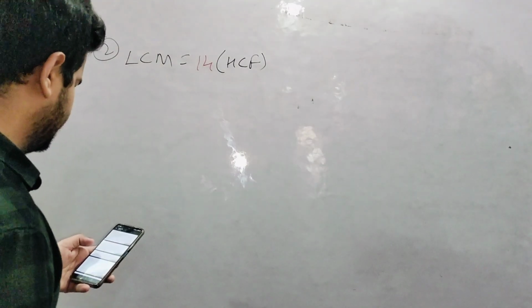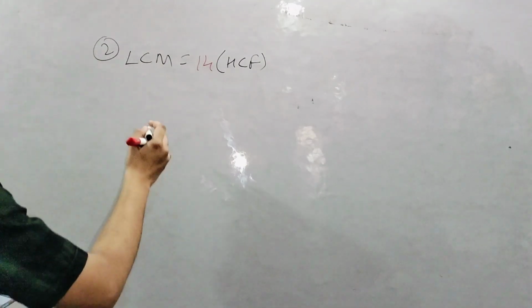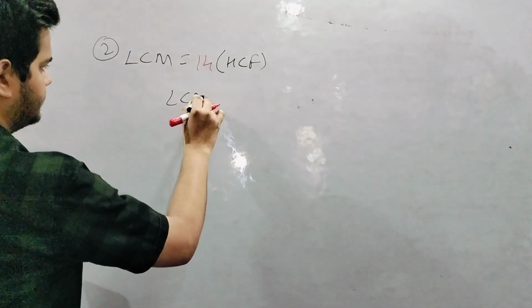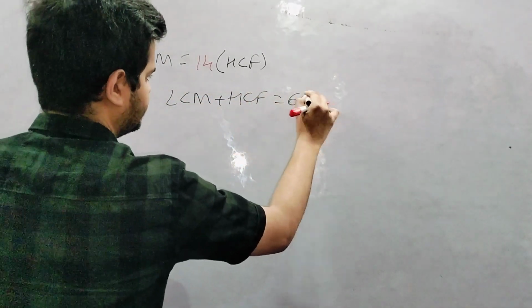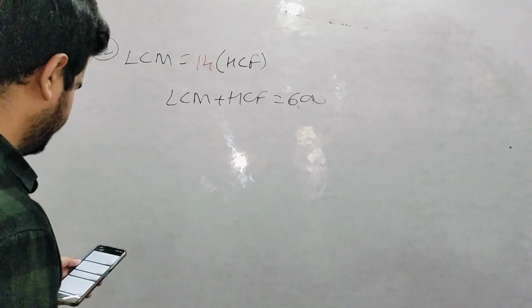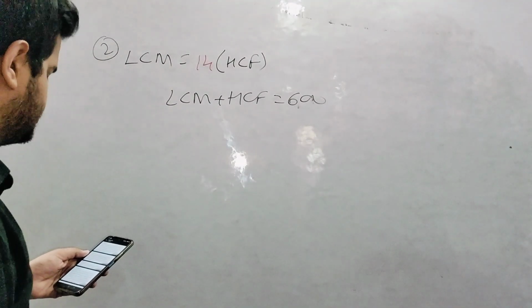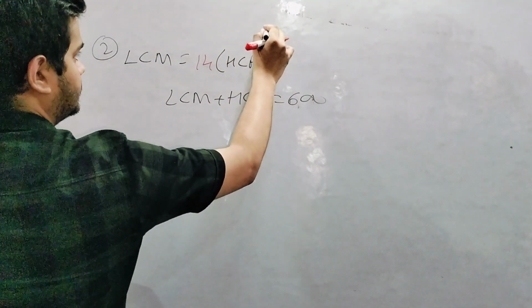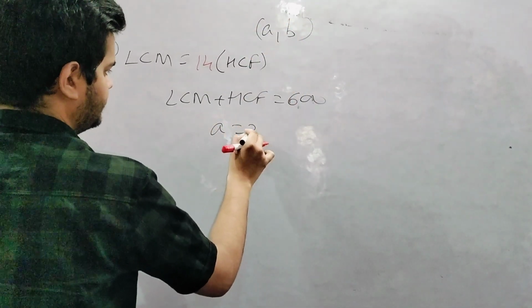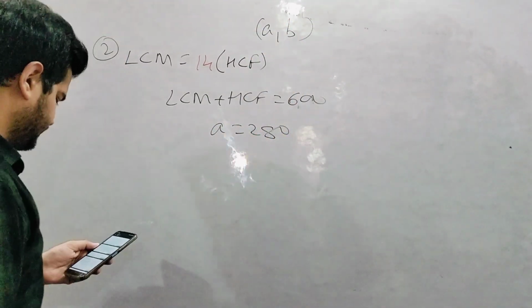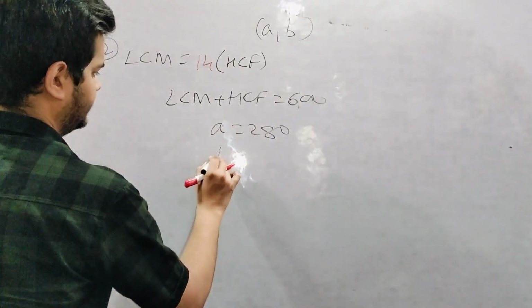The sum of LCM and HCF is 600. If one of the numbers is 280, so let the numbers be A and B, if the first number is 280, then find the second number.